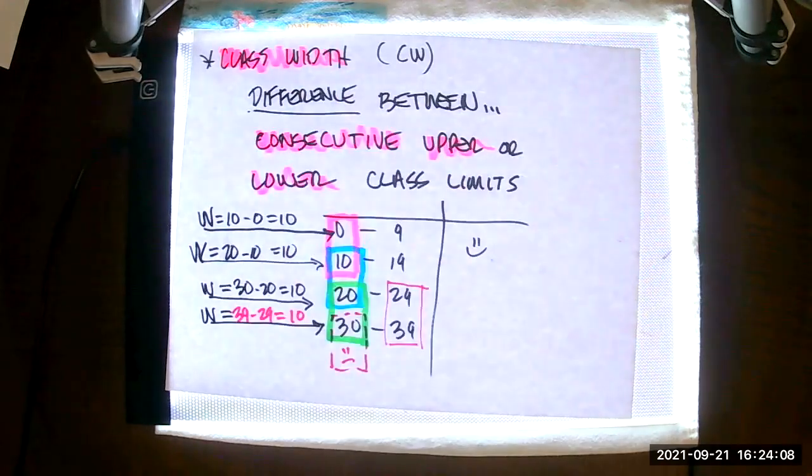So this is why we've got the kind of crazy definition for class width. And as I say, it is also, I think, part of the reason that students struggle with this, that you come with some baggage as far as what you want class width to be. Most people, if they're asked what it should be, will tell you it should be a difference in upper and lower class limits.